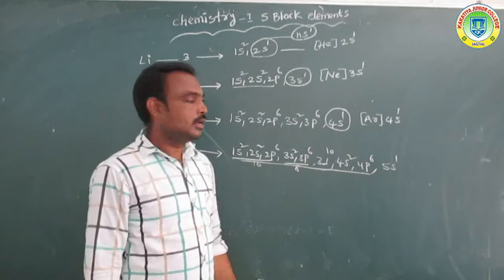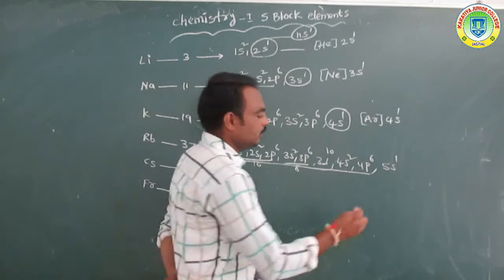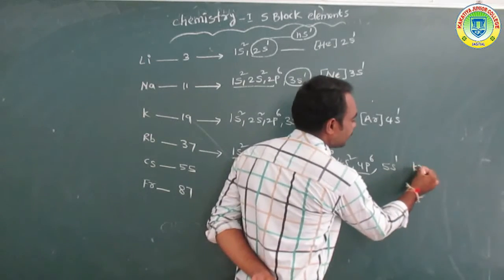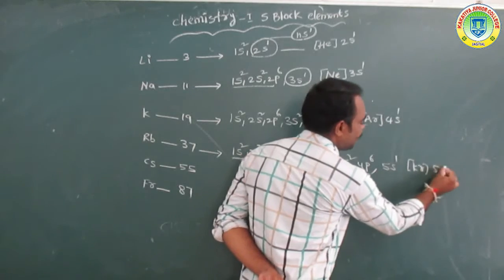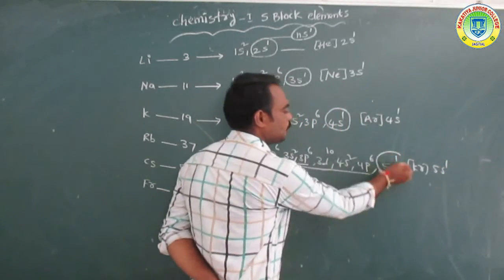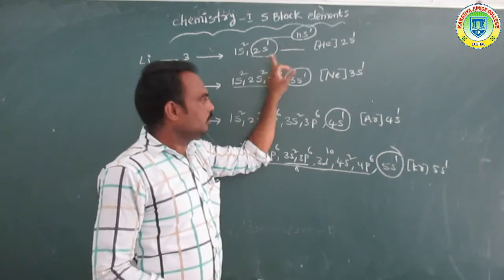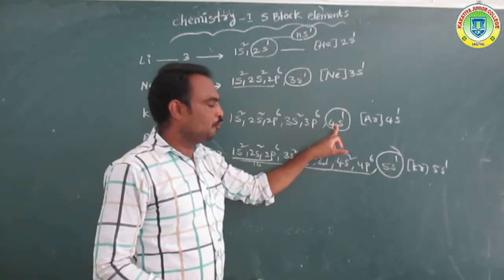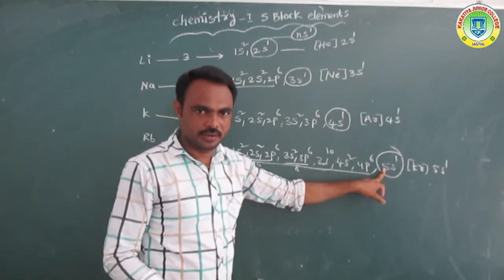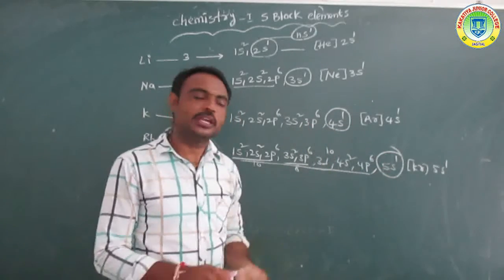So what is element 36? Krypton. So [Kr] 5s1. 2s1, 3s1, 4s1, 5s1, ns1 electronic configuration.